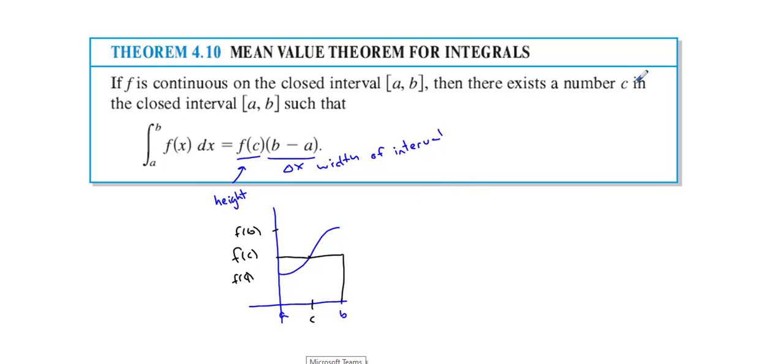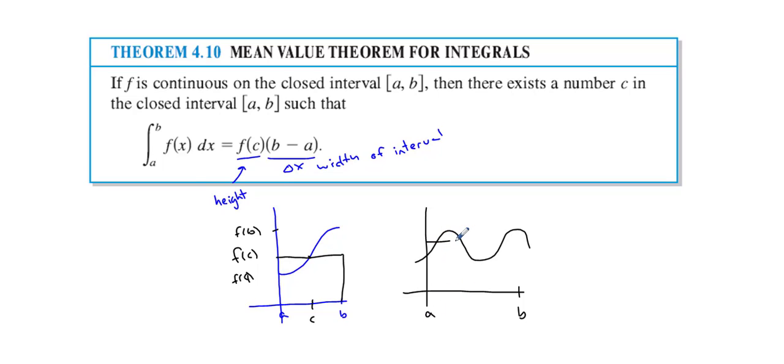There exists a c in the closed interval a to b. Just in between. It just so happens that for my drawing, it's pretty much in the middle, right? So if we put this here, it covers it up. Now, what would happen if we had a couple of curves, and b is over here, and this is a?